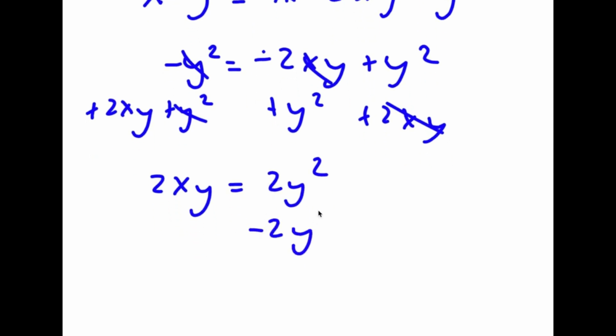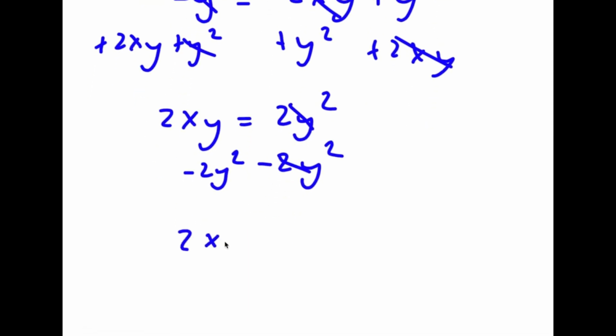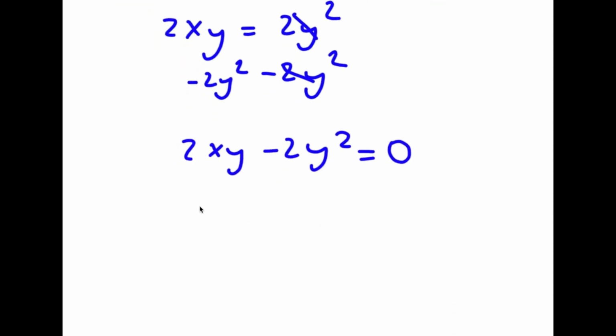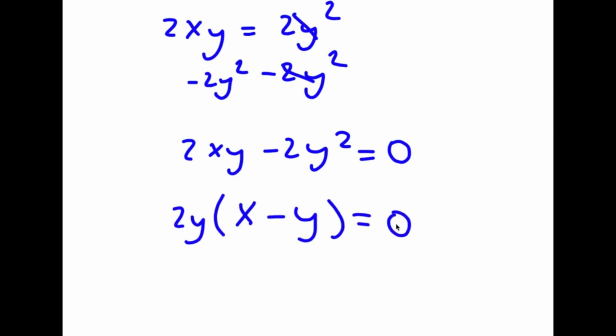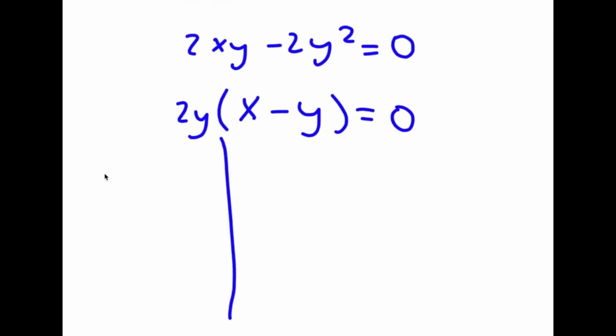Now I'm going to subtract 2y squared on both sides. These two cancel out, and I get 2xy minus 2y squared is equal to 0. Now I can factor out 2y. So now I have 2y times (x minus y) is equal to 0. So now this gives me two equations. I have 2y is equal to 0, and I also have x minus y is equal to 0.